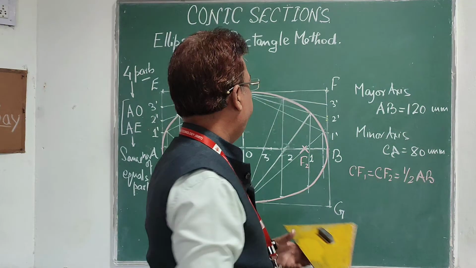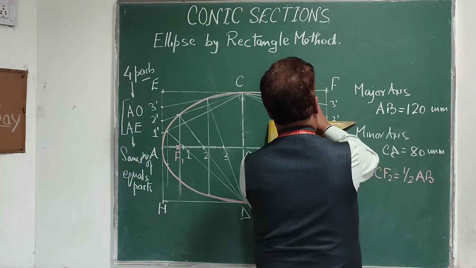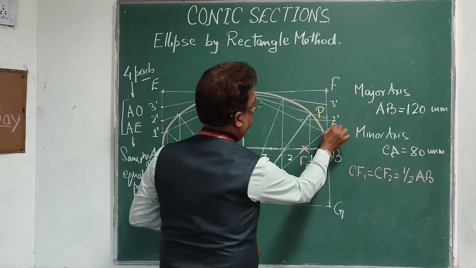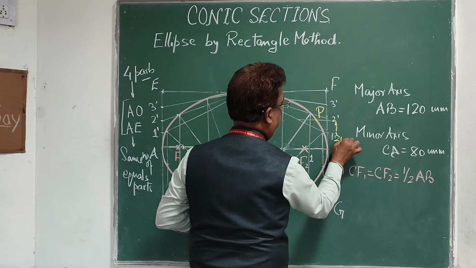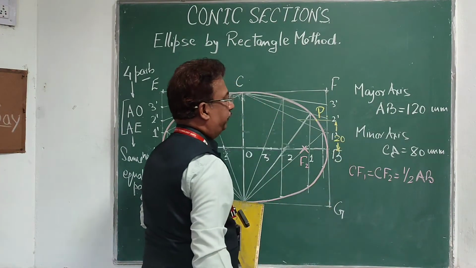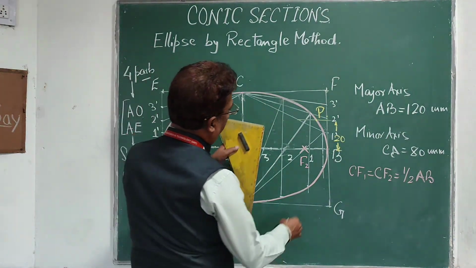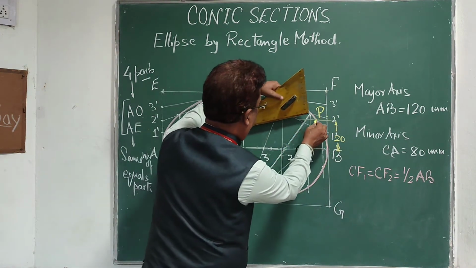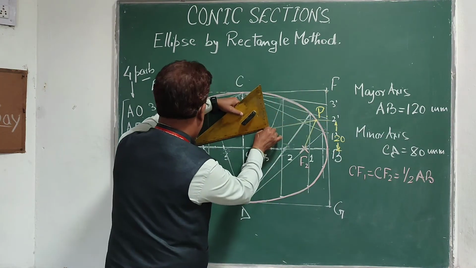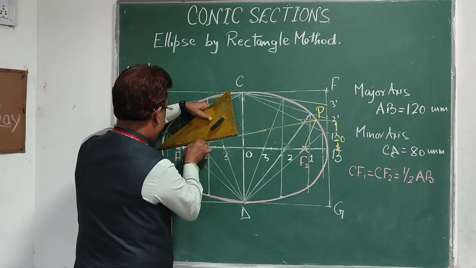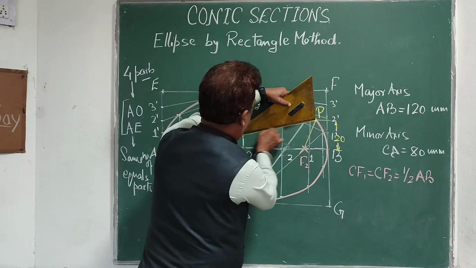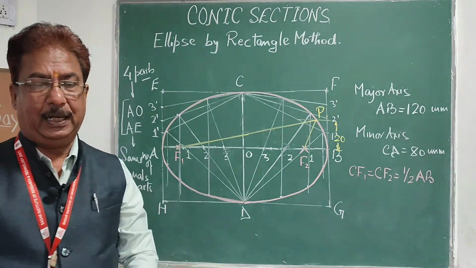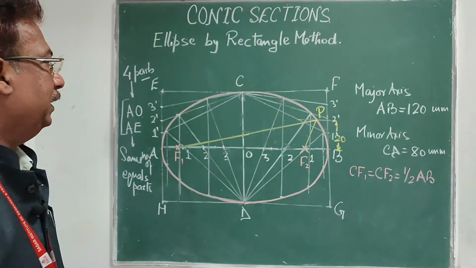And if I move parallel from this point to the curve, then this is the required point, suppose the point P, which is 20 mm from the major axis. Now to draw a tangent and normal on this point, I have to join this point P with focus F1 and F2. So this is F1.